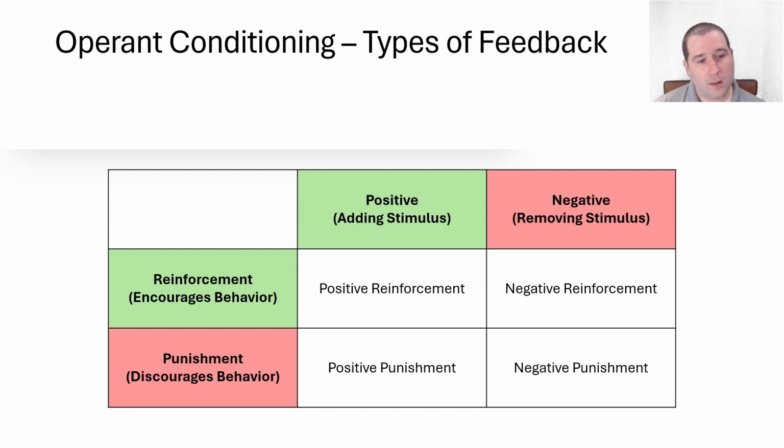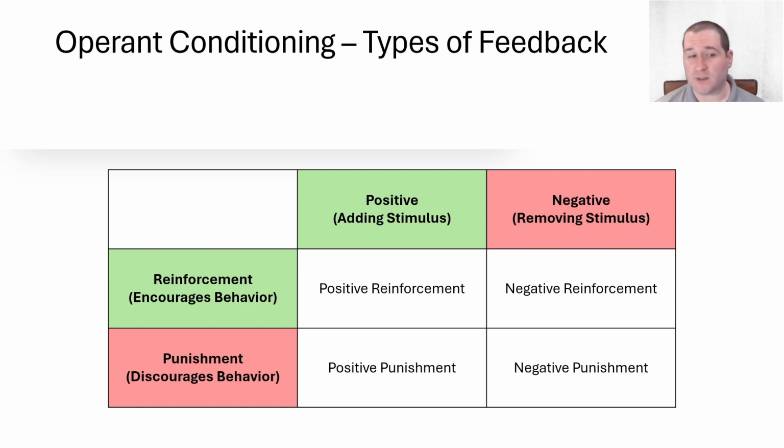From there, there's two ideals in feedback. The idea of reinforcement is we want to encourage this behavior, or the idea of punishment. We want to discourage this behavior. So if we add a stimulus to encourage a behavior, that's positive reinforcement.